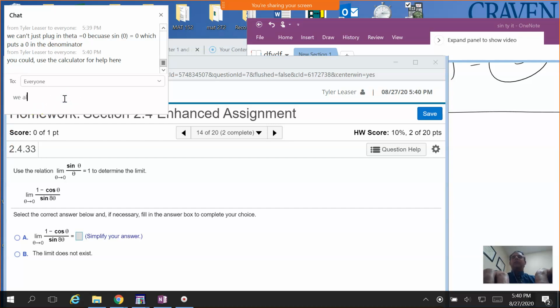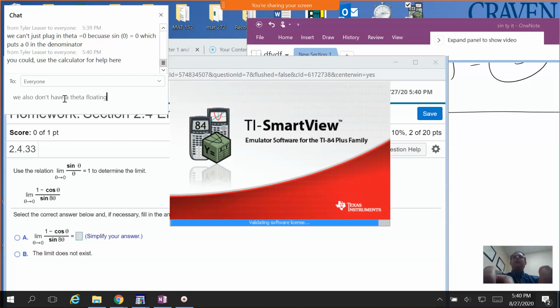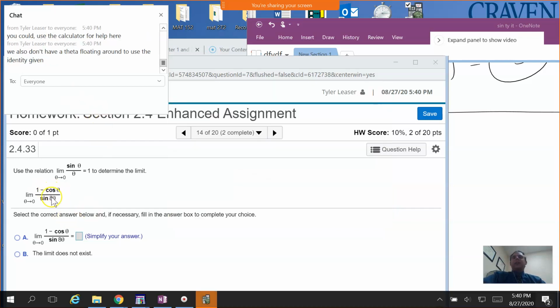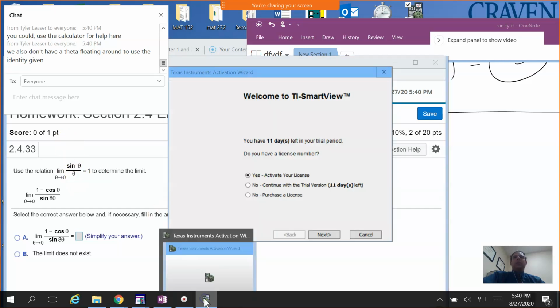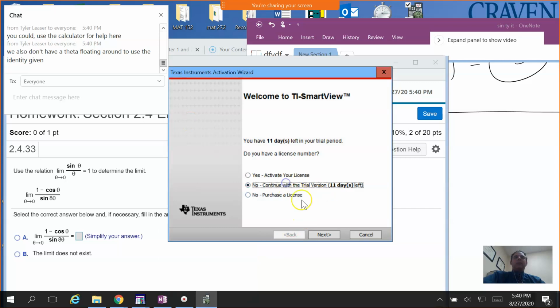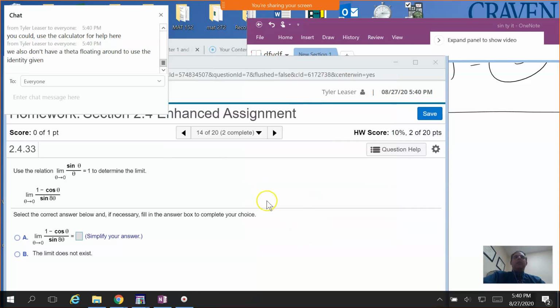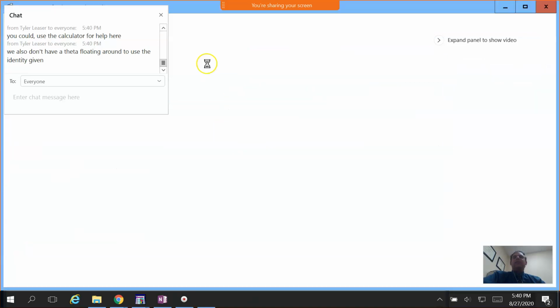We also don't have a theta floating around to use the identity given. Because there's not a theta on top and bottom by itself, we're going to have to play around with it and see what we can do. Oh no, my trial's almost up.